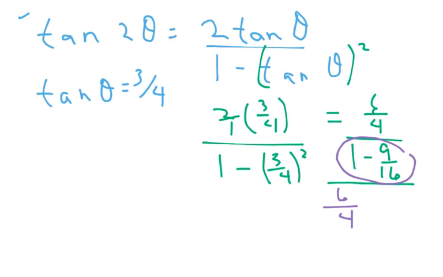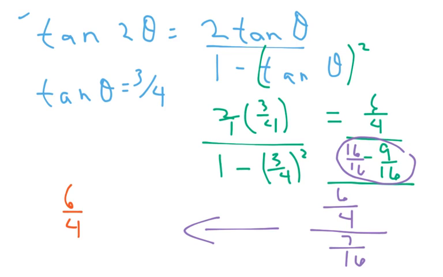I'm going to change this to 16/16, because that equals 1. So that's just going to be 7/16. Now I'm going to come this way and write this as 6/4, and I'm going to flip this and switch the signs, change it to times.